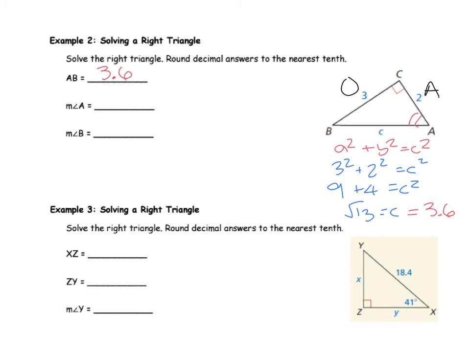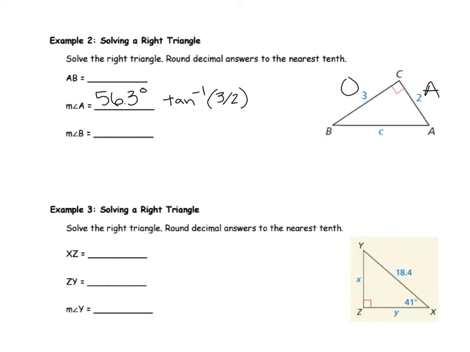Now remember, because I'm looking for an angle, I'm using the inverse of tangent. My values are opposite over adjacent, which is 3/2. So on my calculator, inverse of tangent, 3 divided by 2, we get a measurement of 56.3 degrees.